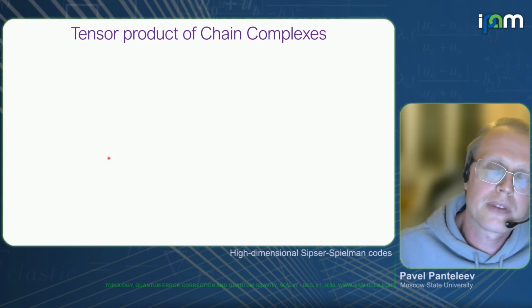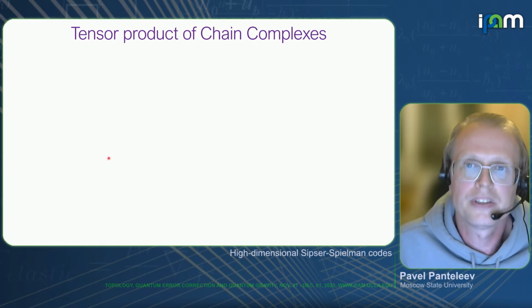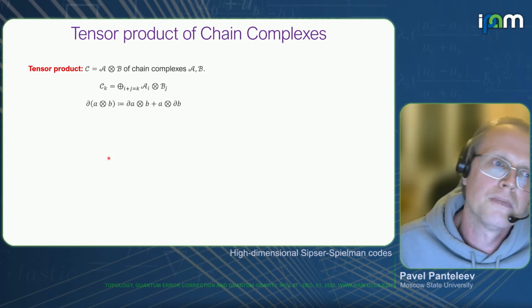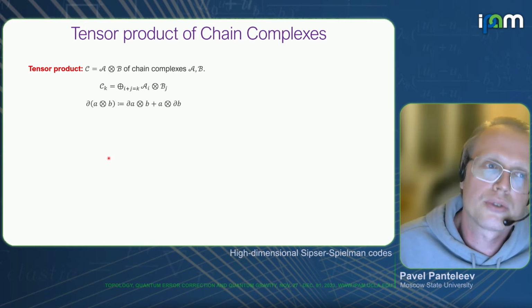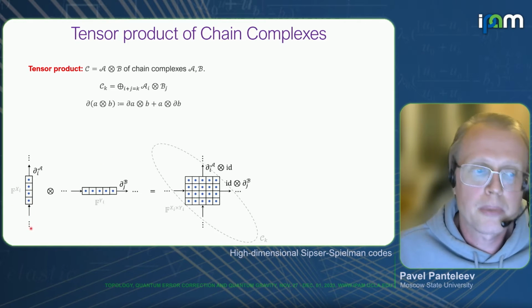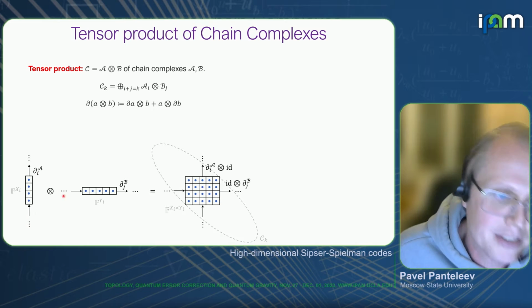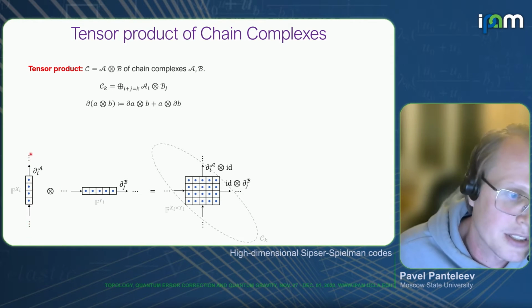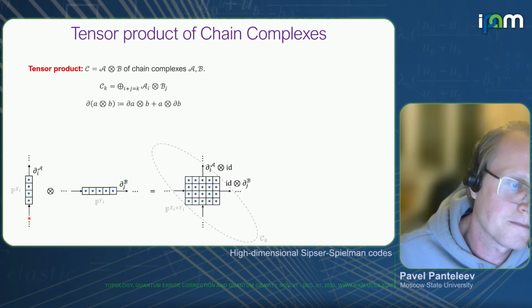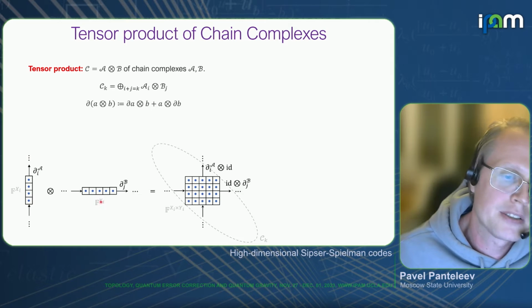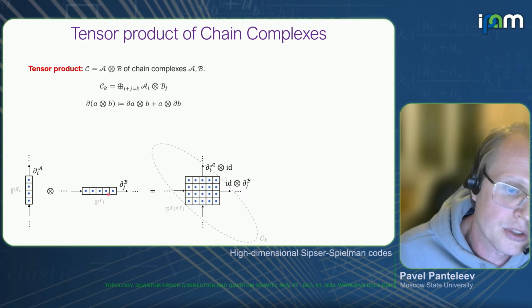Okay. But how do we construct a more powerful chain complex if we have some component chain complexes? So the main idea here is to use the tensor product. So what is a tensor product? Suppose we have two chain complexes: chain complex A, which we consider going vertically, and another complex B, which we consider horizontally.